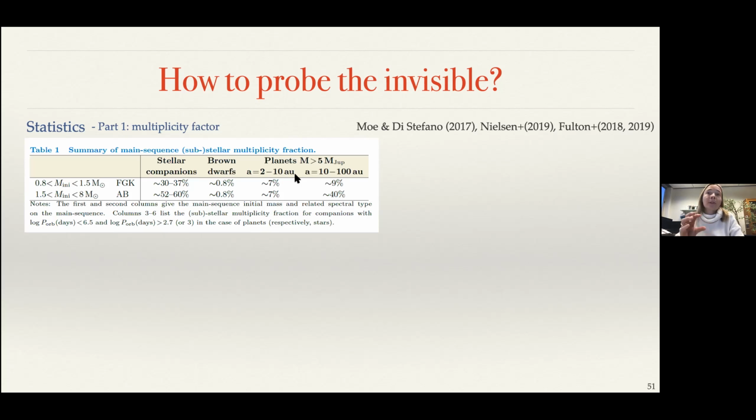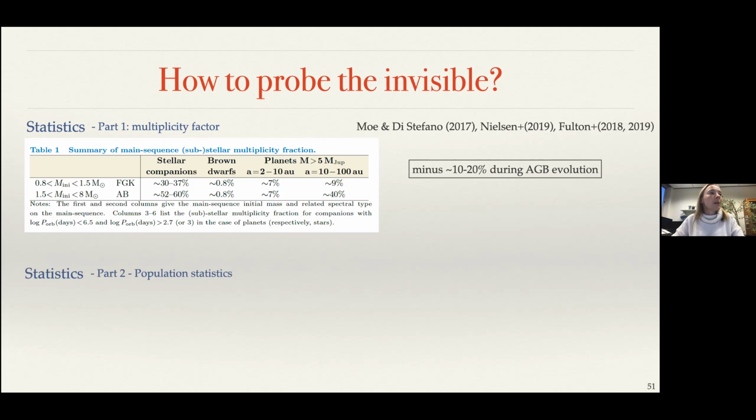And we correct for the fact that in the observations we are sensitive to only some part of the orbital periods. And then you need to subtract from that some of the fraction that you will lose when the star goes up on the AGB. Some of the companions will in-spiral, and other ones you will lose since they are too far away. We have roughly estimated that we will lose some 10–20% of this fraction during AGB evolution.